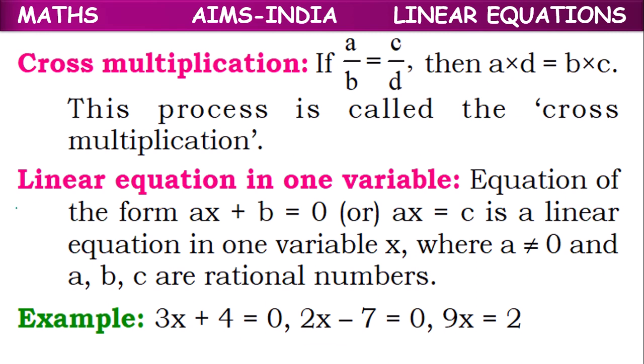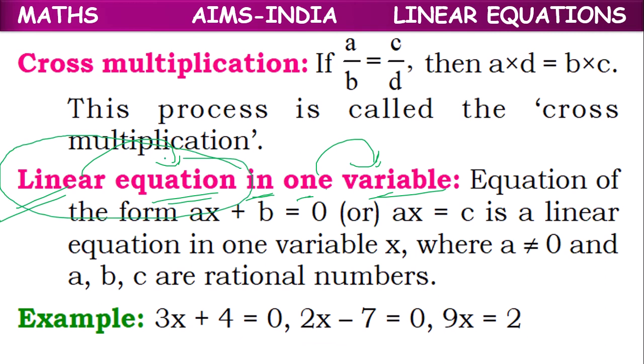Next, we have linear equation in one variable. A linear equation means the highest power of the unknown quantities is 1. If you have only one unknown value, then that equation is called a linear equation in one variable.